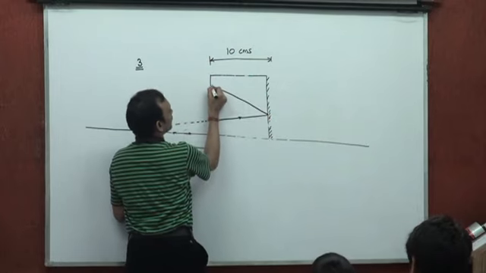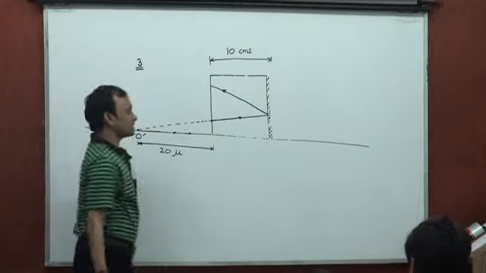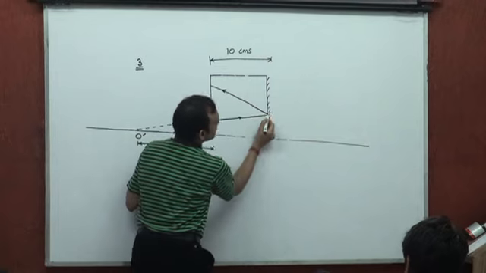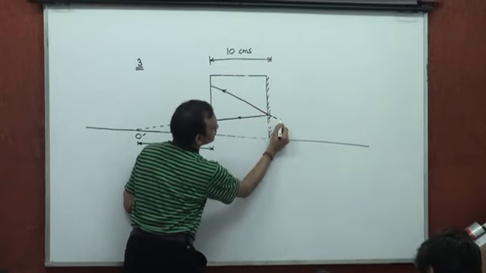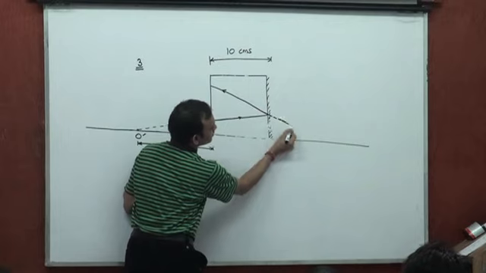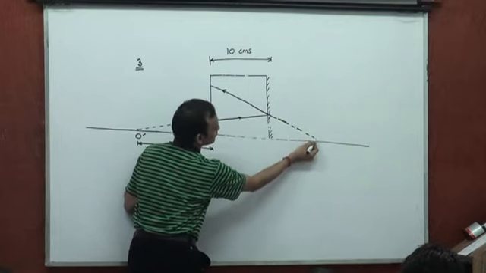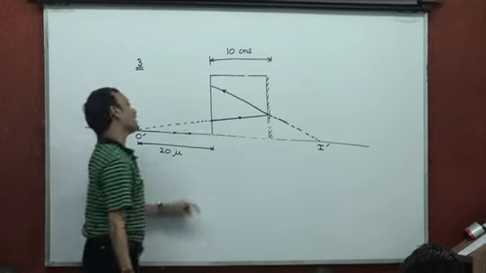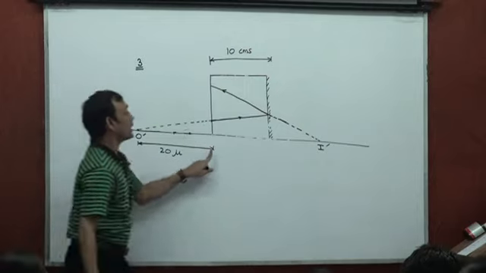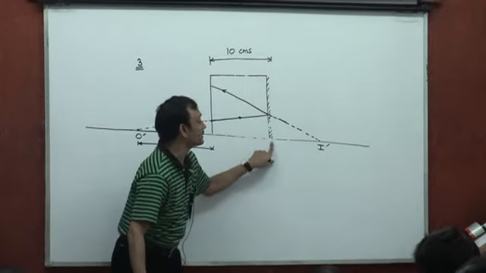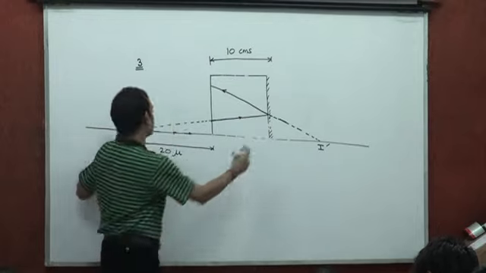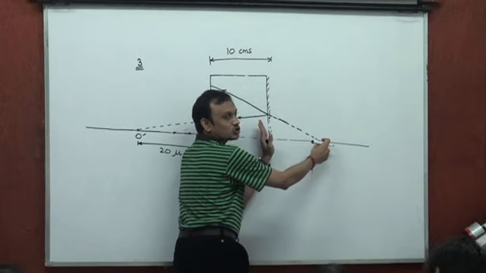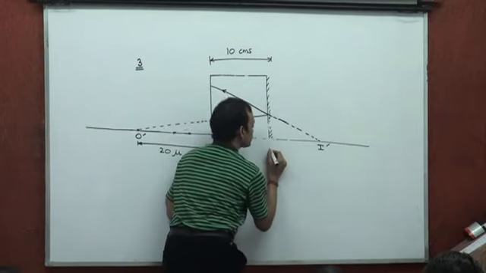A ray of light like this, which gets reflected from this, seems like coming from a point I prime, which is 20 mu plus 10 behind the mirror. The object distance is 10 plus 20 mu, so the image distance with respect to the mirror must also be 10 plus 20 mu.